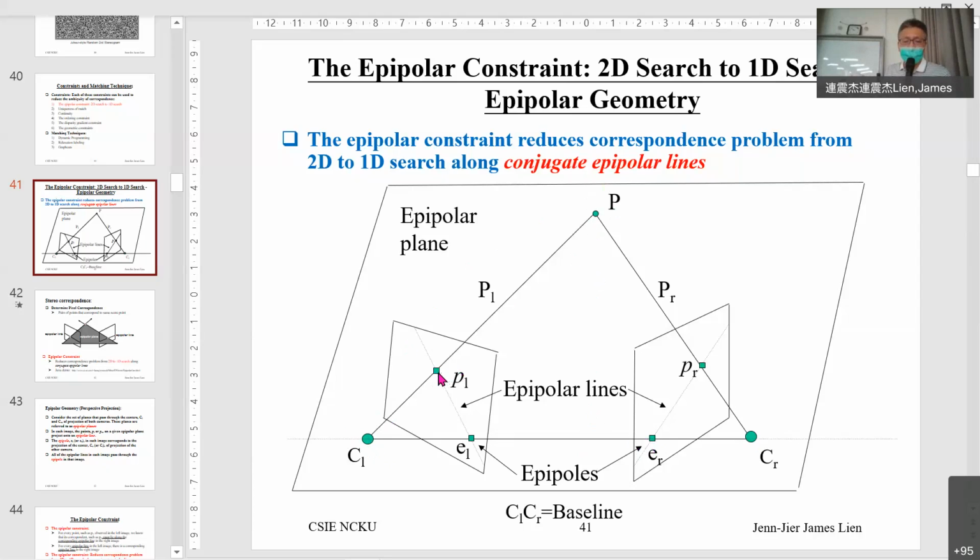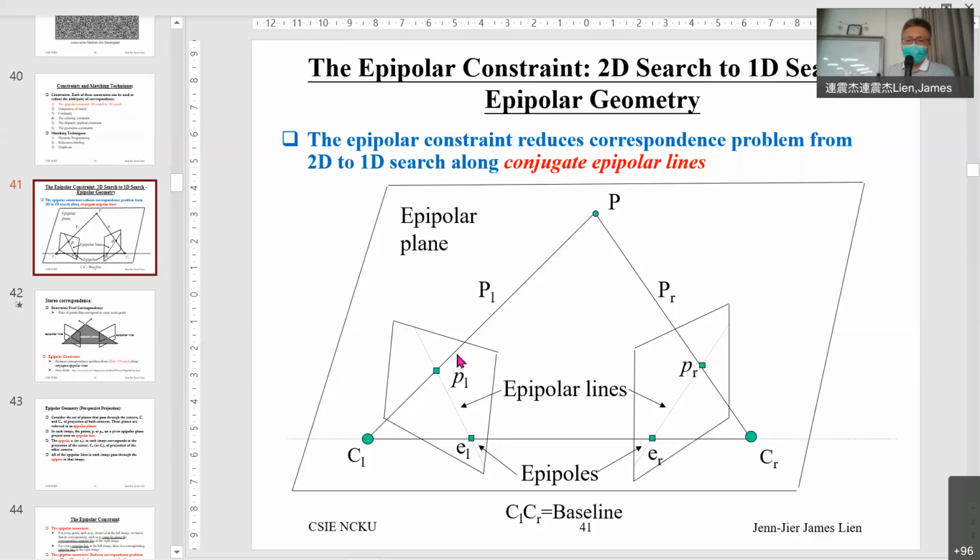This projection point, and a line passing through this point and the epipole, we call the epipolar line. So this is your search line, reduced from 2D to 1D.